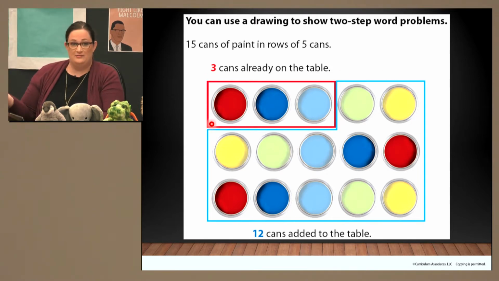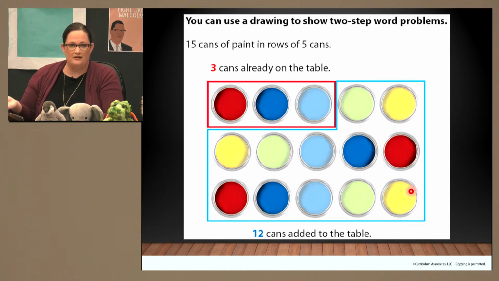And then as they were doing it, they made it into rows of 5. So they must have gone 1, 2, 3, 4, 5, 6, 7, 8, 9, 10, 11, 12, 13, 14, 15. And they found out there's 15 cans that are in rows of 5. And there's 5 cans in each row, and there's 3 rows. So there's a picture that could help you figure out the answer.